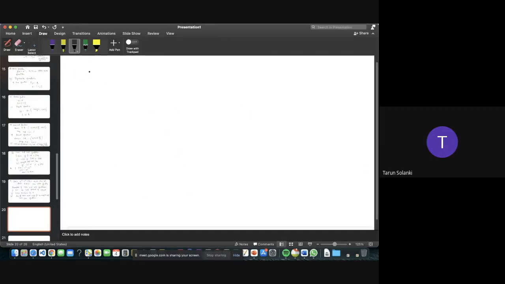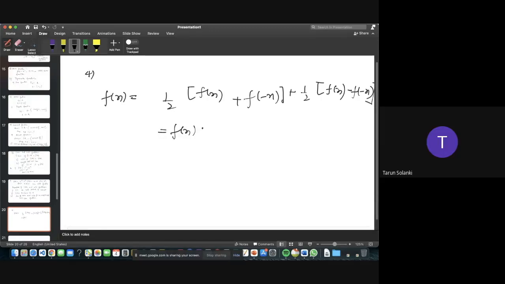And every function f(x) can be expressed as the sum of an even and odd function, that is f(x) is equals to half of f(x) plus f(-x) plus half of f(x) minus f(-x), right? So it becomes g(x) plus h(x).